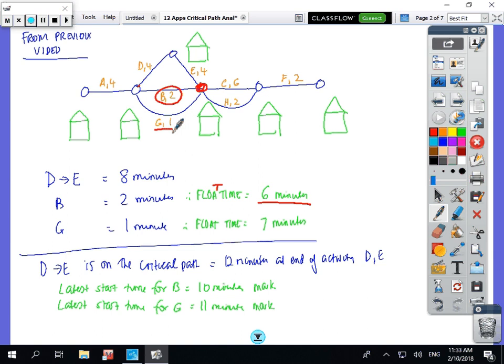Activity G only took 1 minute, but the time to get there was 8 minutes, so activity G has a float time of 7 minutes. Because DE is on the critical path, it cannot be delayed, so it doesn't have a float time at all.